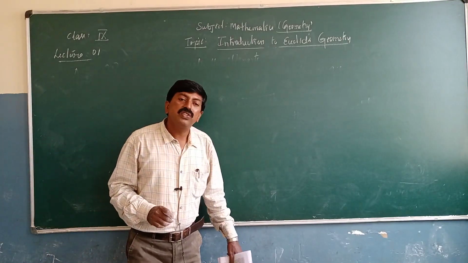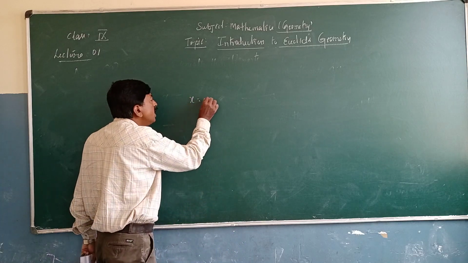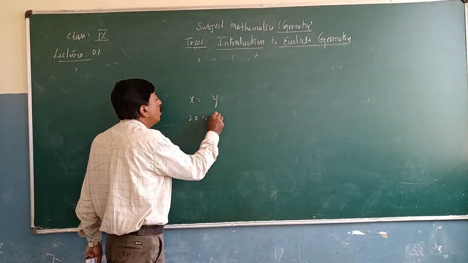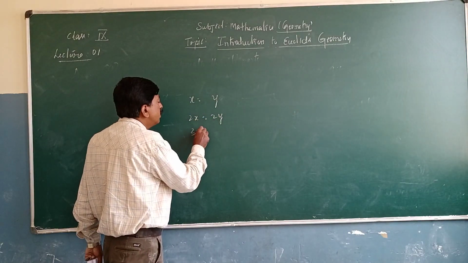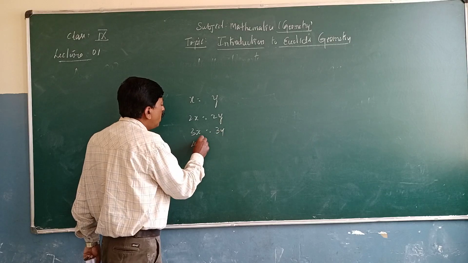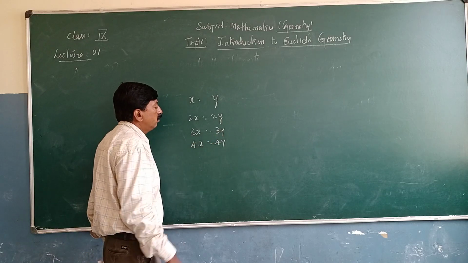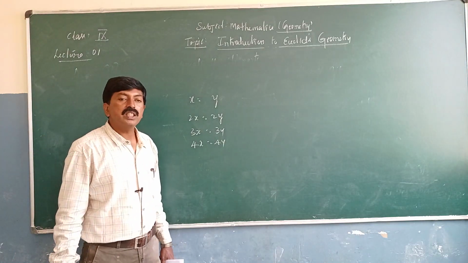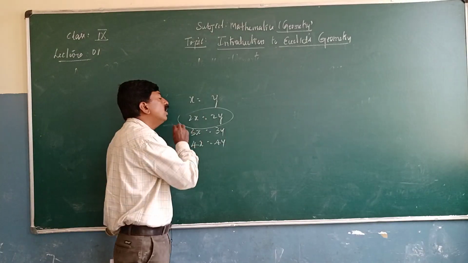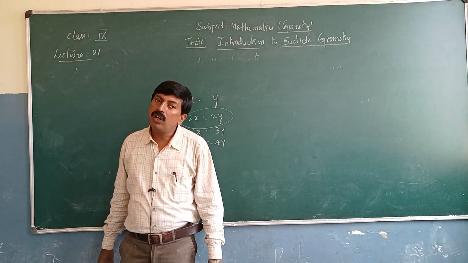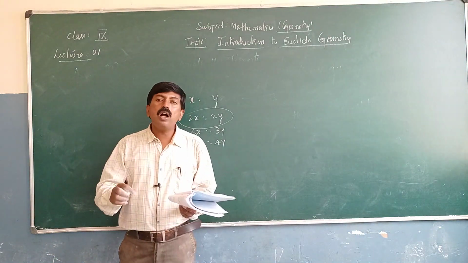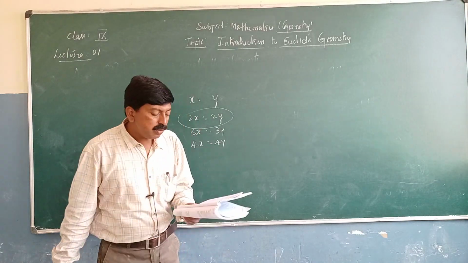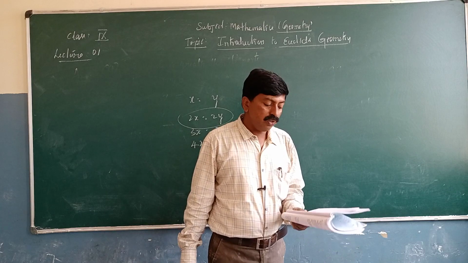For example, x is equal to y, so 2x is equal to 2y, then 3x is equal to 3y, then 4x is equal to 4y. That is the meaning of this statement. Things which are halves of the same thing are also equal.